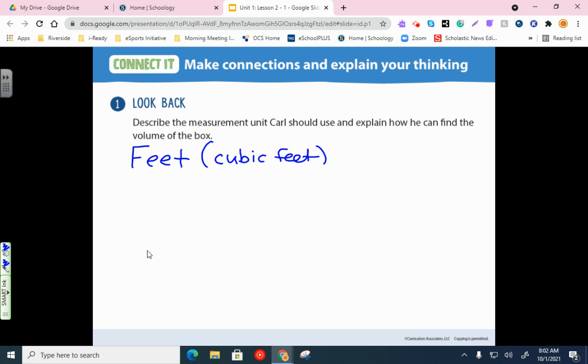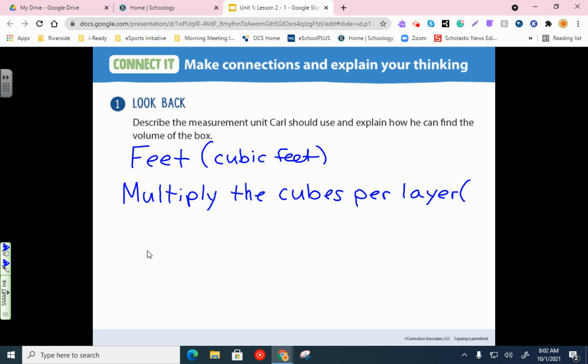And how he can find the volume of the box, besides building it with blocks on his own, he would multiply cubes per layer by the number of layers.